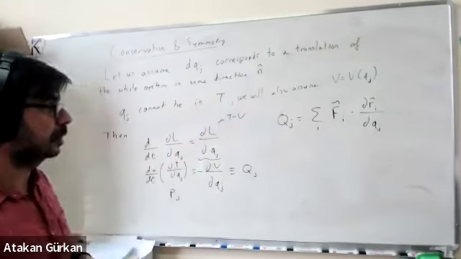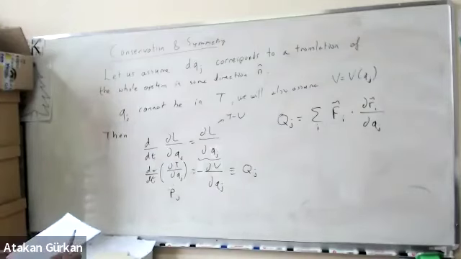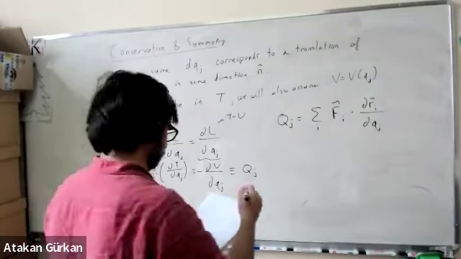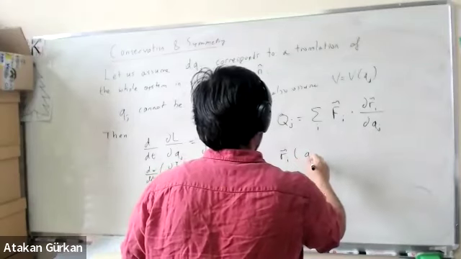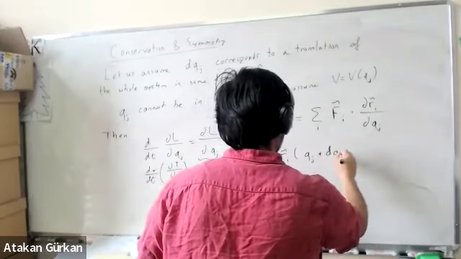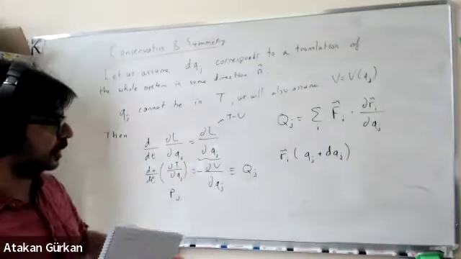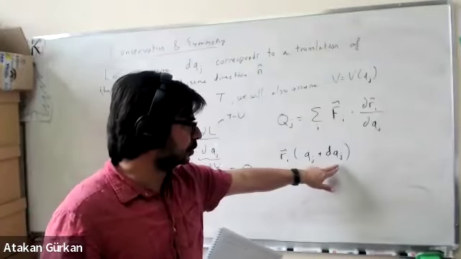Now, how do we go about this? We assume that this corresponds to a translation in that direction, and there is a nice figure in the book that helps visualize this. But if I draw it here, it's not going to help because of the way I draw things, so I'll try to write it this way. So my Ri at Qj plus dQj. In my generalized coordinates, I start at Qj and I go to Qj plus dQj.